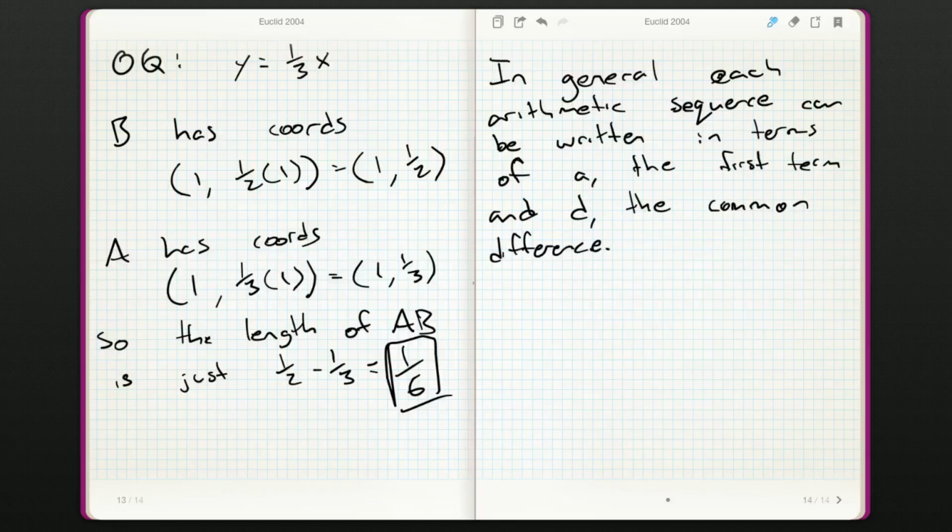Okay, so the first term is A, and then to get the next term we add on D. To get the next term we add on another D. To get the next term we add on another D. And we're only dealing with 5 terms, so we'll just leave it there.